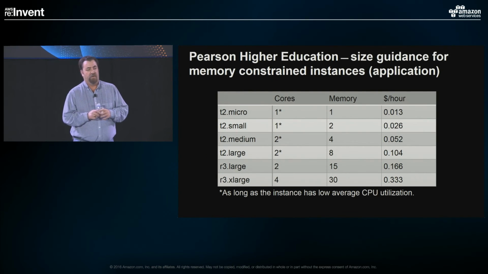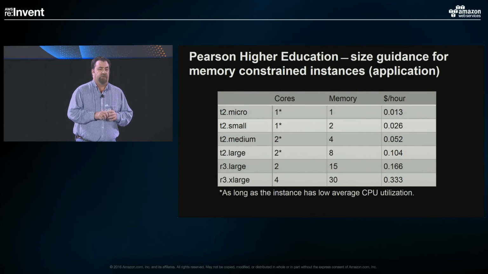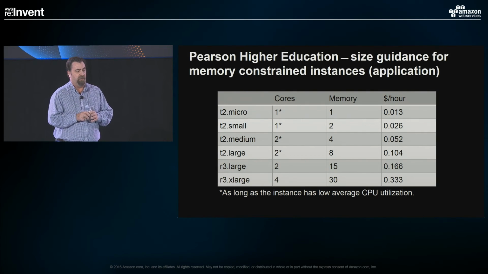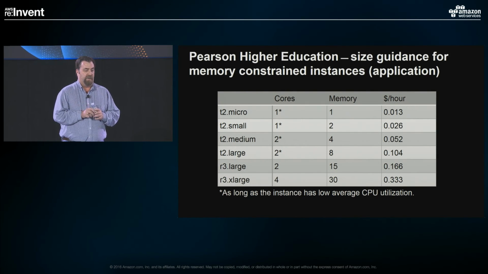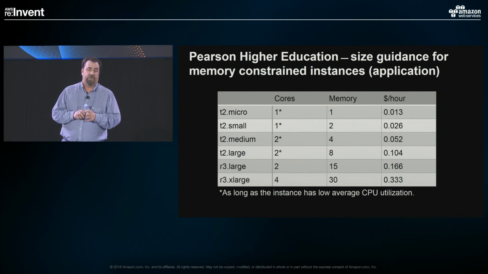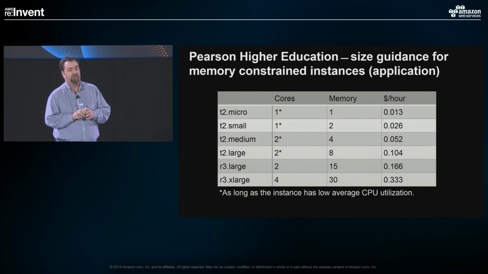Again, here's the guidance we gave our teams for memory constrained: going from the T2 micro, small, medium, large, and then comparing them to R3 larges and extra larges. As long as the instance has a low CPU utilization on average, these are great fits for the application.